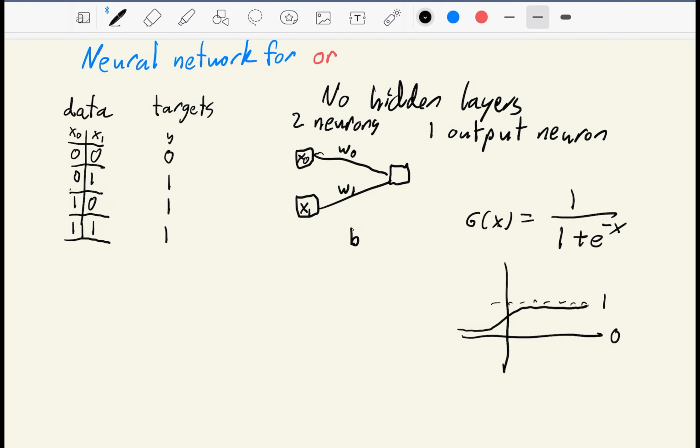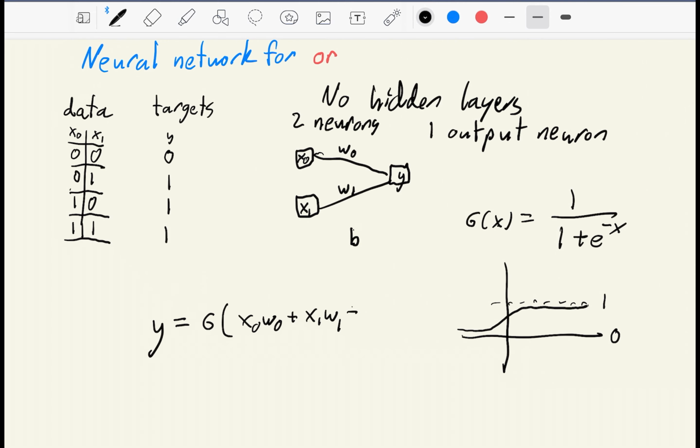And so total, any neural network that has this sort of very simple form with just 2 inputs, 1 output, and using sigmoid as its activation function, if I call this y, then this is going to have the formula y equals sigmoid of x0 w0 plus x1 w1 plus b.